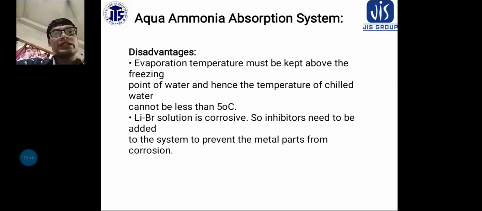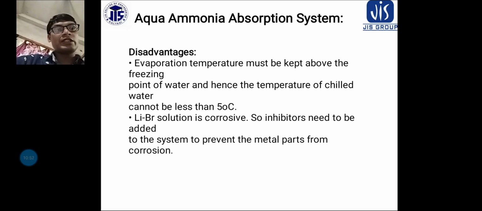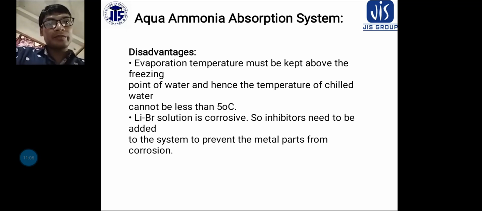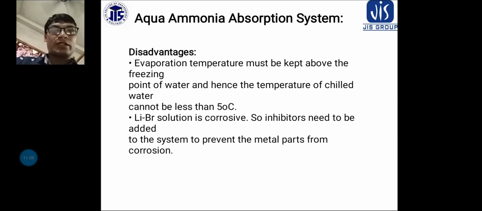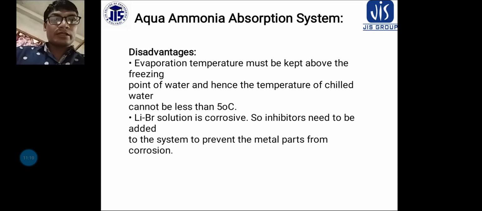What are the disadvantages? Evaporation temperature must be kept above the freezing point of water, and hence the temperature of chilled water cannot be less than 5 degrees centigrade. So what about the evaporation temperature?